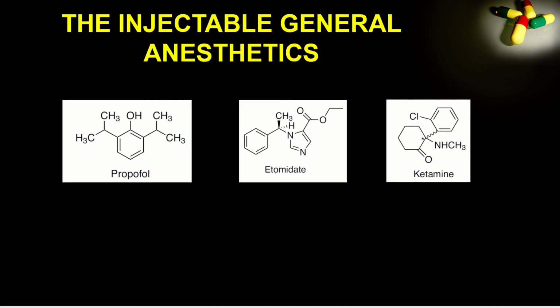All right, so just to mention the injectable general anesthetics, they're propofol, etomidate, and ketamine. We cannot necessarily make any structure activity relationships here, but just to mention that they are injectable general anesthetics.